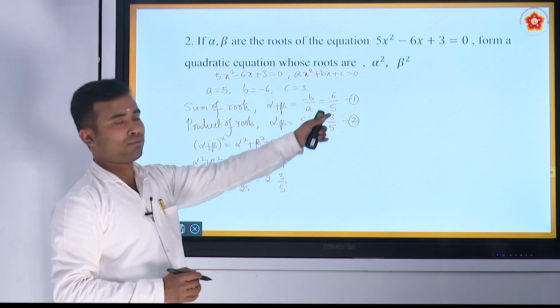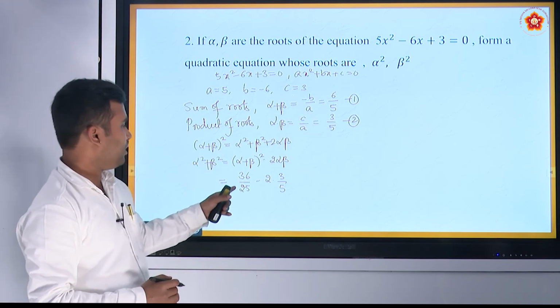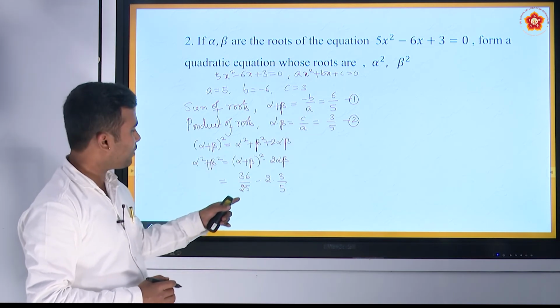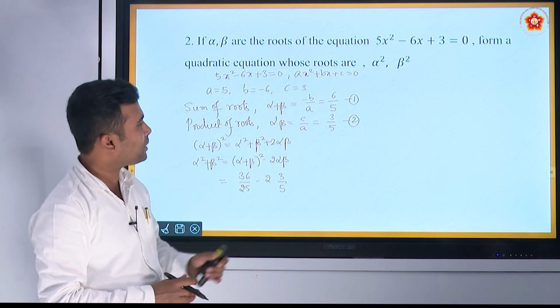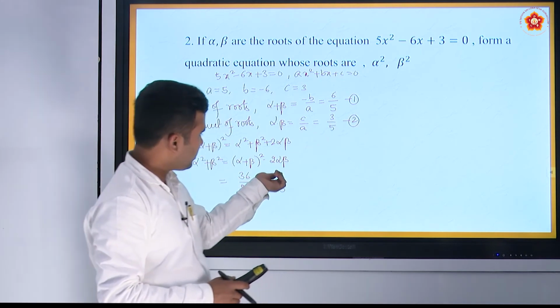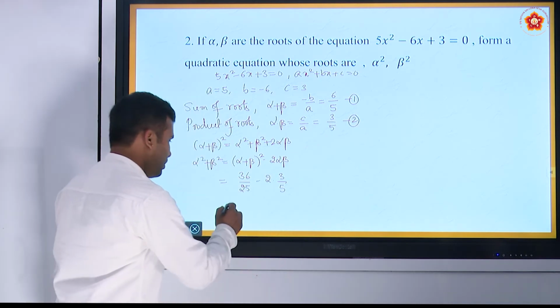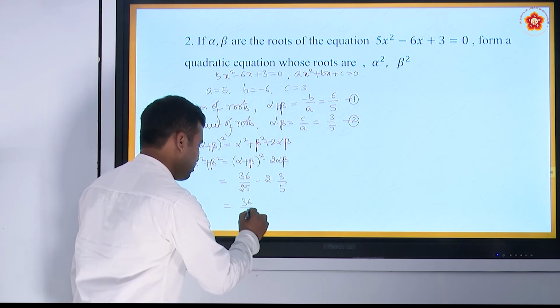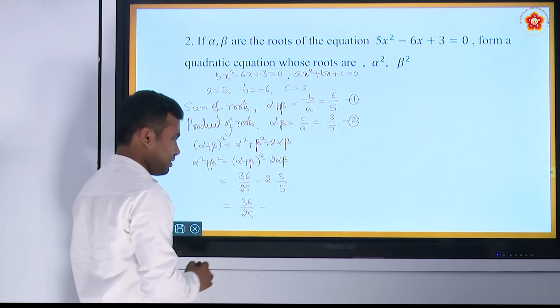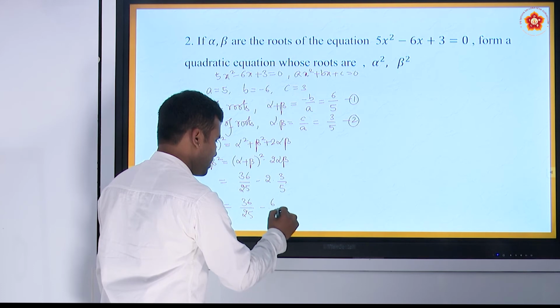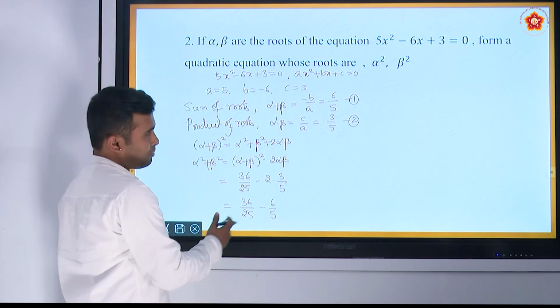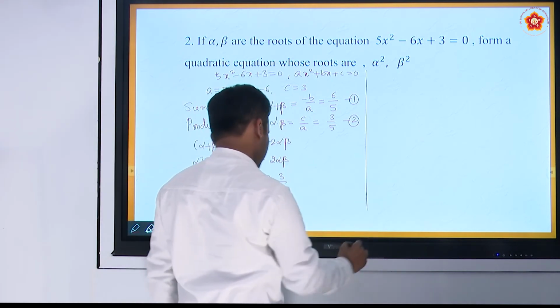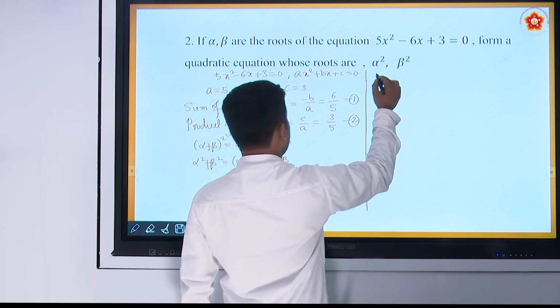Alpha plus beta is 6 by 5, if you make it square, which is 36 by 25, minus 2 into alpha into beta, which is 3 by 5. So this is equal to, let us simplify this, 36 divided by 25 minus 2 into 3 will be 6 divided by 5.